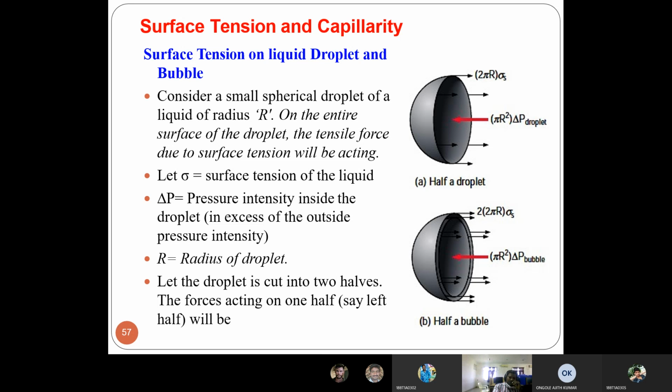If we club these two, we get 2 pi r plus 2 pi r, that is 2 into 2 pi r or 4 pi r. That is the circumferential length. And sigma s is the surface tension, which is tensile force by the circumferential length. Sigma s is equal to tensile force by 4 pi r.